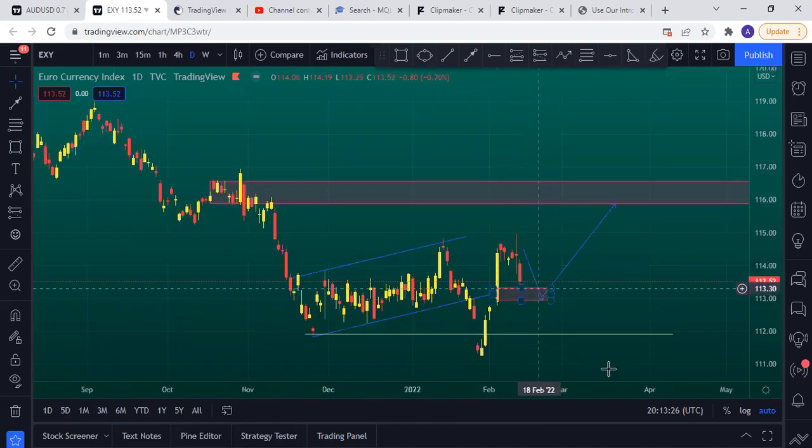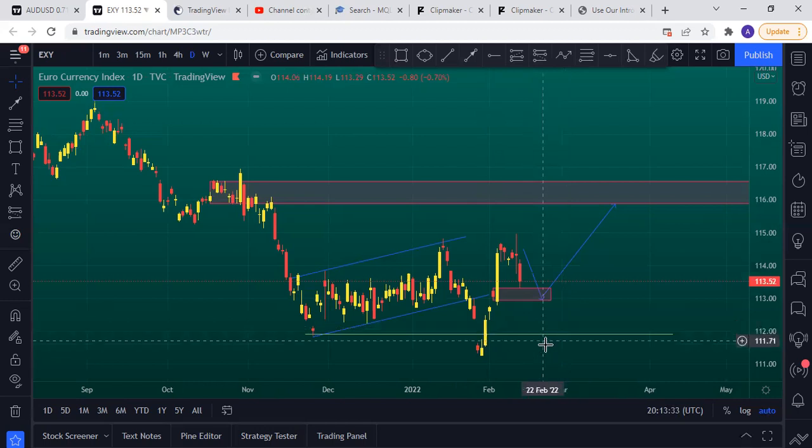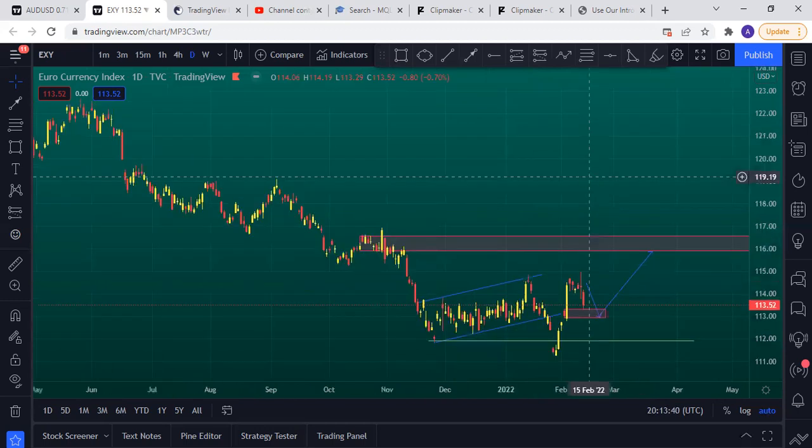All right, this is it. So I think price has completed that. So we might be seeing some bullish impulse, or worst case scenario, we might come back to this low. Anyways, so that's for EXY.